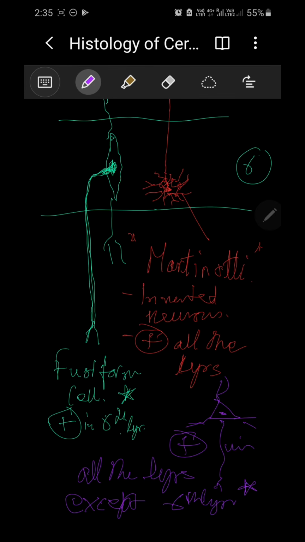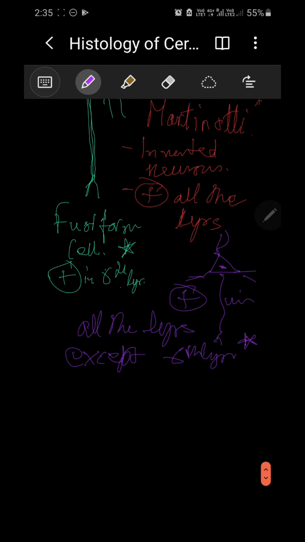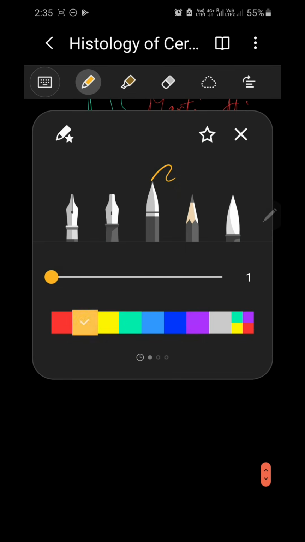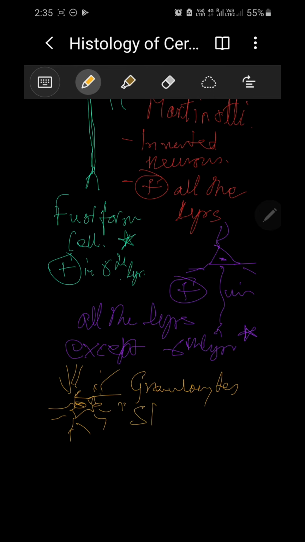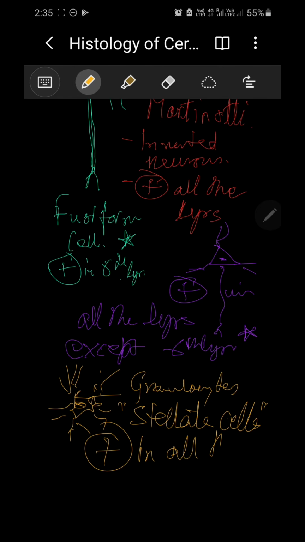These are sometimes given as options in your MCQs, and why leave the granulocytes, in case it's asked. These are also called granulocytes, or also called stellate cells. These are present in all the layers.